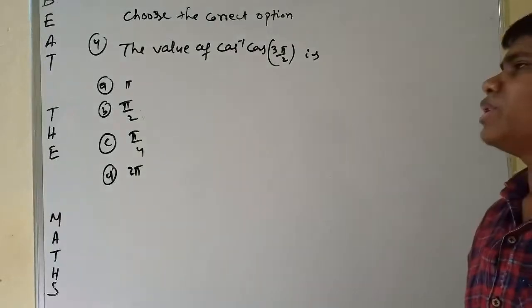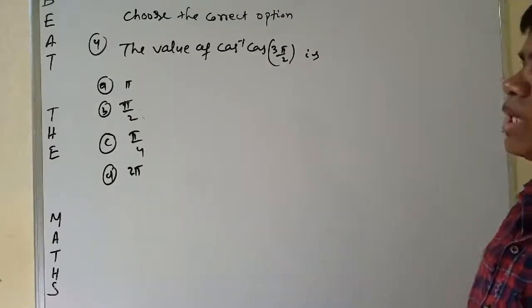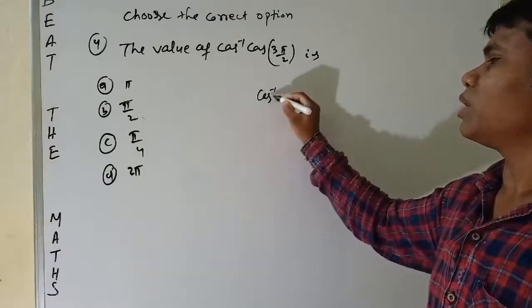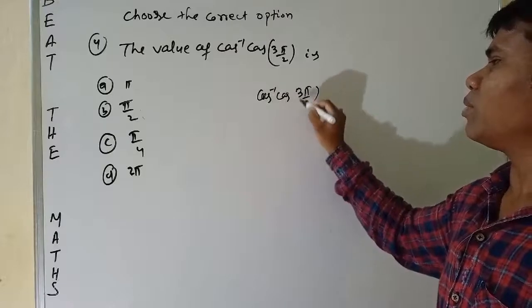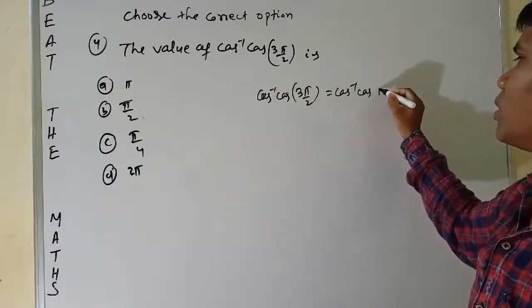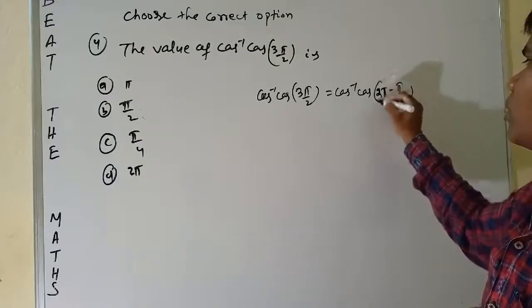You see the next question: the value of cos inverse cos 3 pi by 2 is pi, pi by 2, pi by 4, 2 pi. Cos inverse cos 3 pi by 2, we can write as cos inverse cos of 2 pi minus pi by 2.